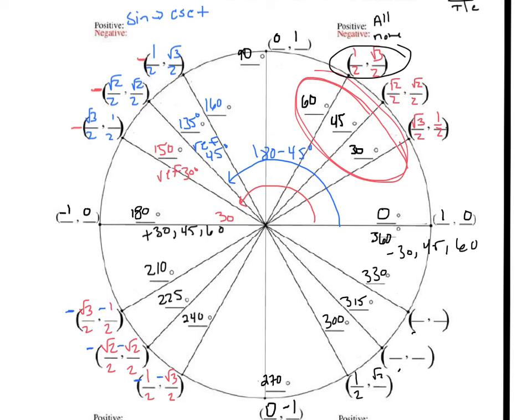Then root 2 over 2, root 2 over 2, and the 30 degree is root 3 over 2, 1/2. And the only thing I have to do is plop the negatives in front of my y values. And that is how I can complete the unit circle. So all I have to do is remember this right here, and I have all of the other angle values.